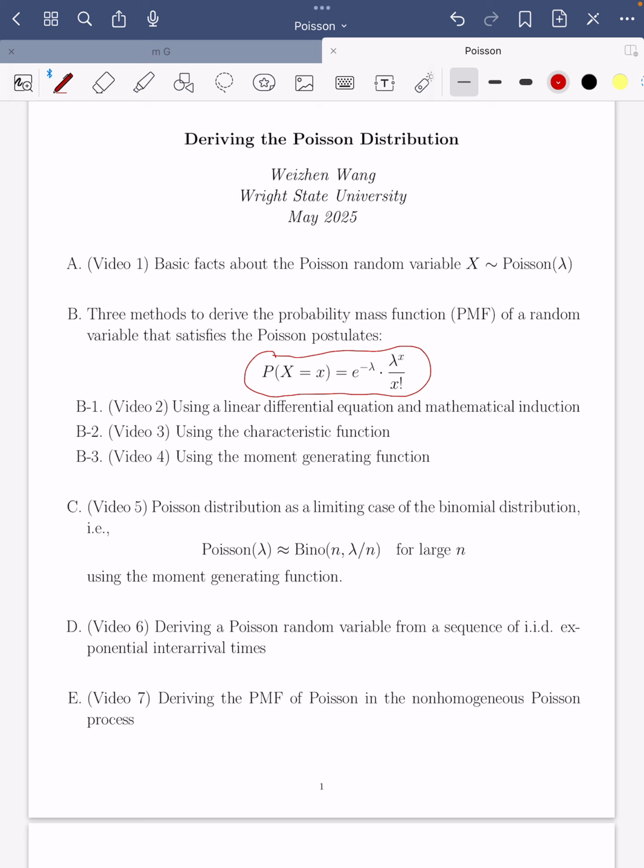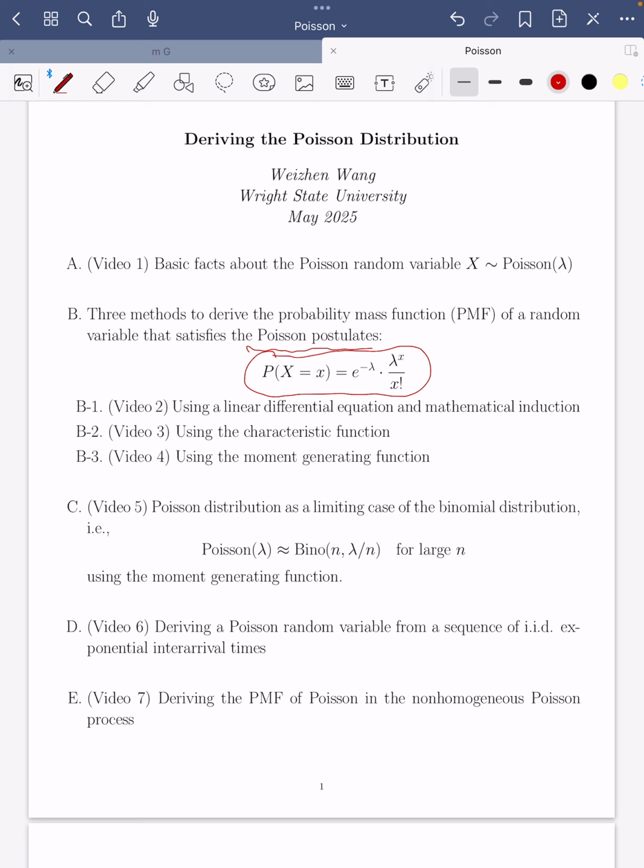We want to derive this formula in several cases. The first case is that we are assuming that we observe a random variable in a Poisson process that satisfies the so-called Poisson postulates.